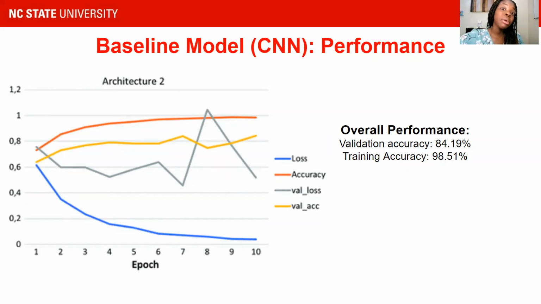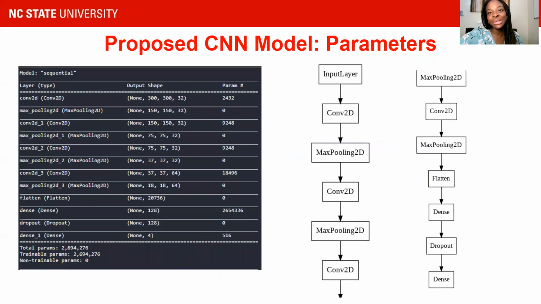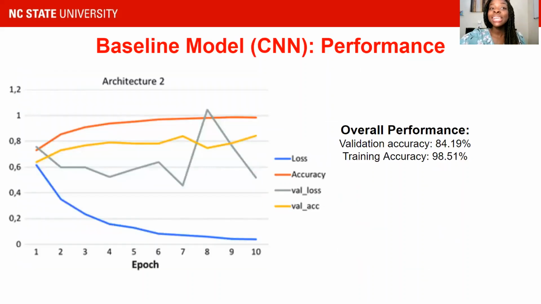Loss is the error for inaccurate predictions. The model resulted in an 84.2% validation accuracy and a 98.51% training accuracy. The validation and training loss showed a decreasing trend with respect to the number of epochs as they increased. The model had medium performance due to the validation loss not showing a perfect decreasing pattern.